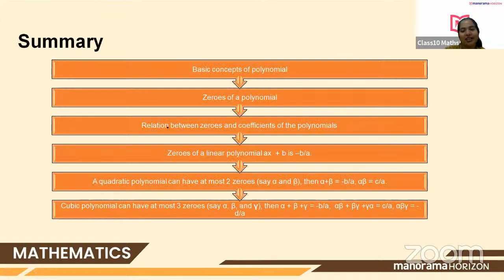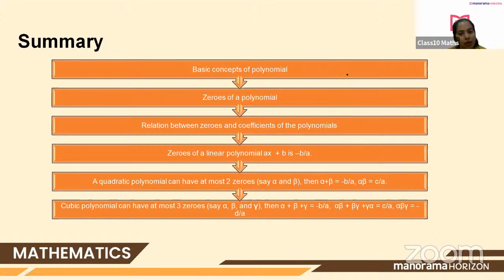So hope you all understand all questions. To summarize, today's revision class consisted of the basic concept of polynomial, and we studied the zeros of the polynomial, and we also studied the graphical representation of linear and quadratic polynomials and the relationship between zeros and coefficients of polynomials. The zero of the linear polynomial ax plus b is minus b by a.